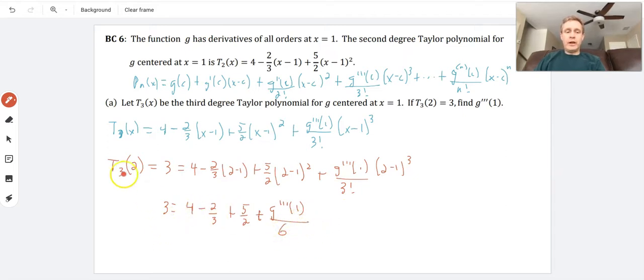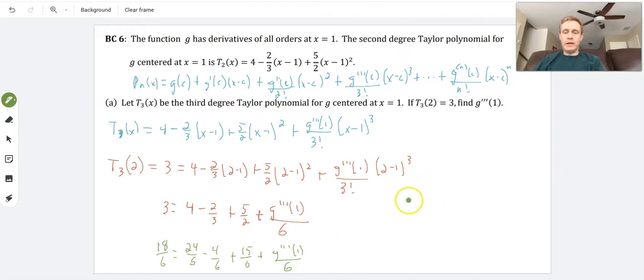To help with solving this, I am going to make everything into a fraction over 6, because that is the common denominator amongst those fractions. So we're going to have 18 over 6 equals 24 over 6 minus 4 over 6 plus 15 over 6 plus g triple prime of 1 over 6.